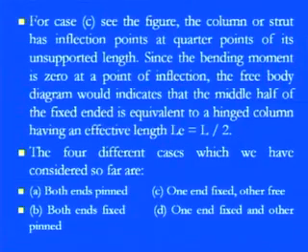Since the bending moment is 0 at a point of inflection, the free body diagram indicates that the middle point, the half of that fixed-ended column, is equivalent to a hinged column having effective length LE = L/2. If you compare with the main case, where both ends are pin joints, we have pi square EI over L square, and with one end free and one end rigid, we have pi square EI over 4 times L square.